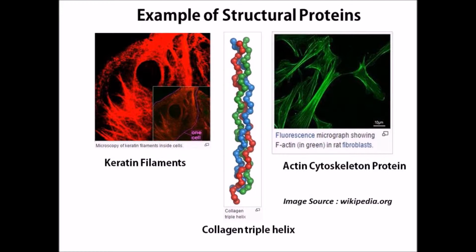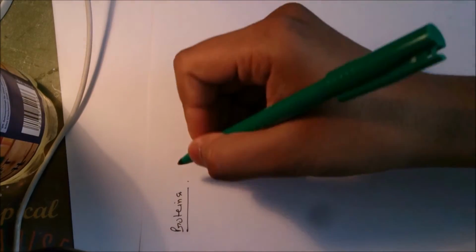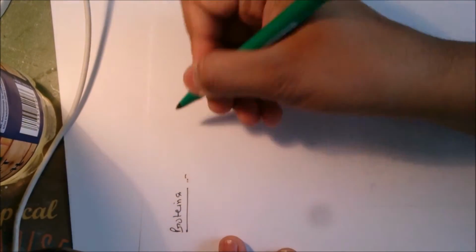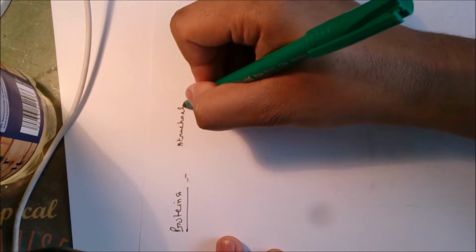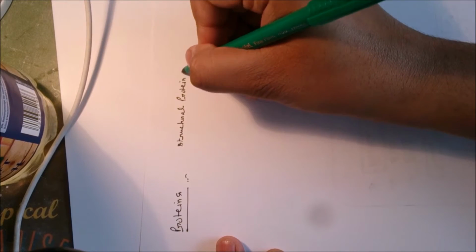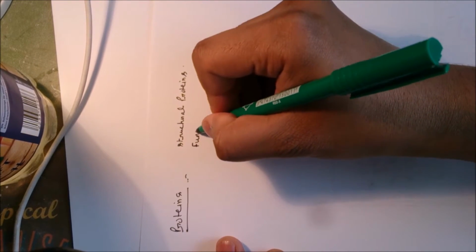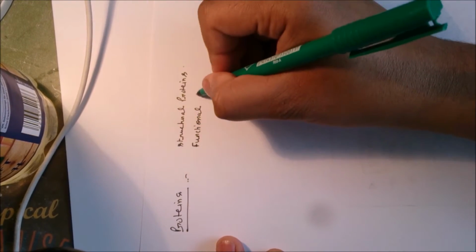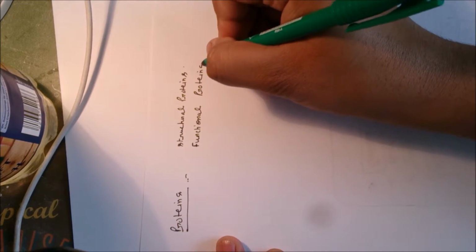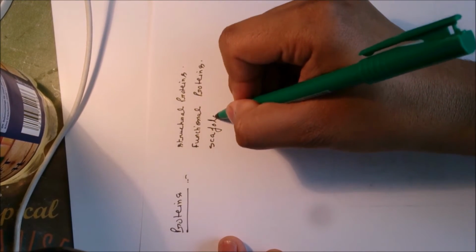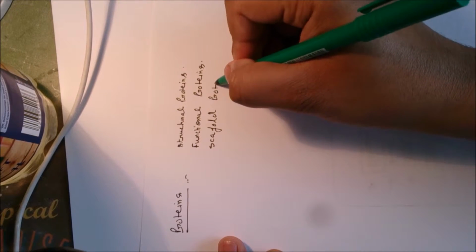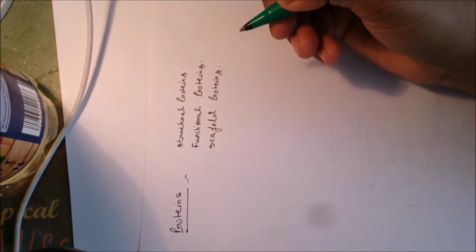Proteins are actually divided into a vast range, so I would definitely tell you about the different kinds of protein. For example, structural proteins, functional proteins, and there are also proteins which do not do anything, and we call them scaffold proteins.